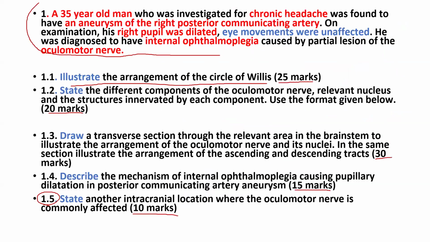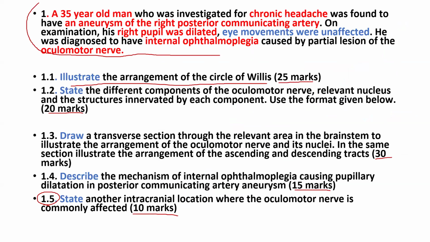Now the second part: state the different components of the oculomotor nerve, relevant nucleus and the structures innervated by each component. Use the format given below. So there is a format, I will show you that. This is the second one. Now they want you to state.